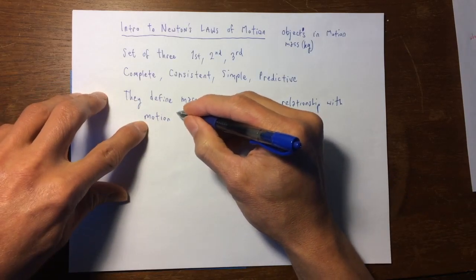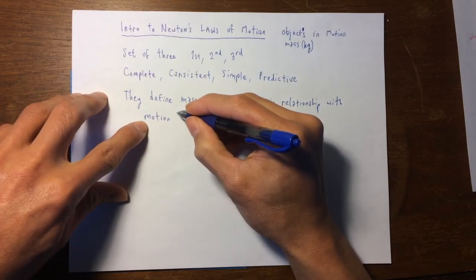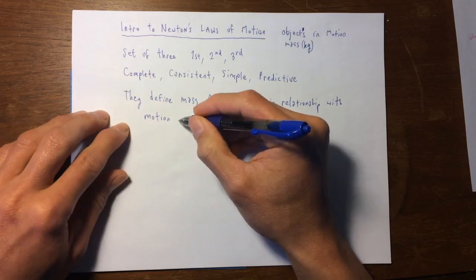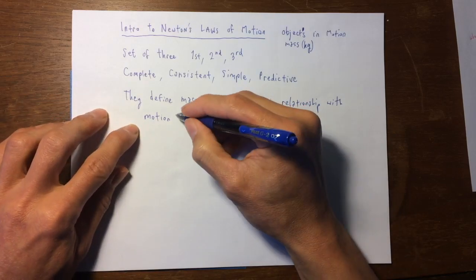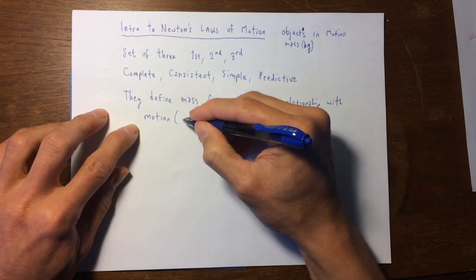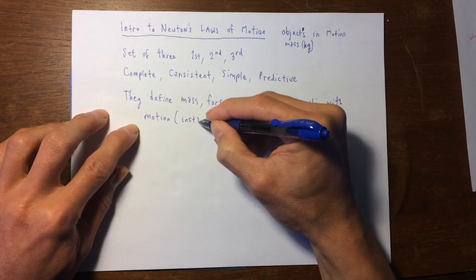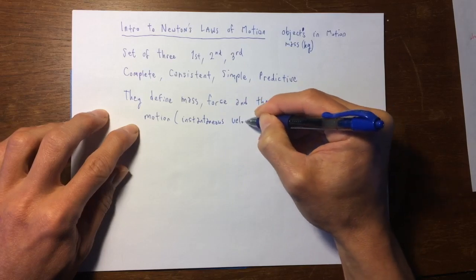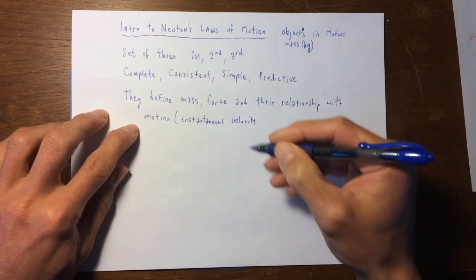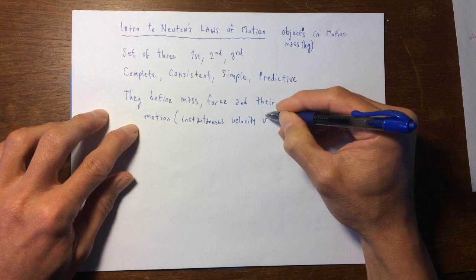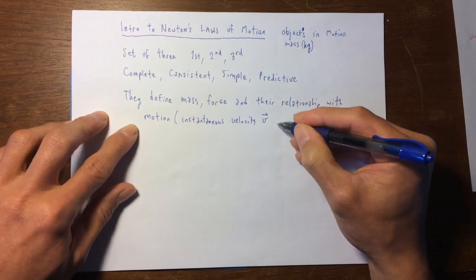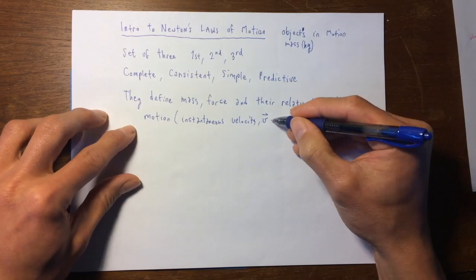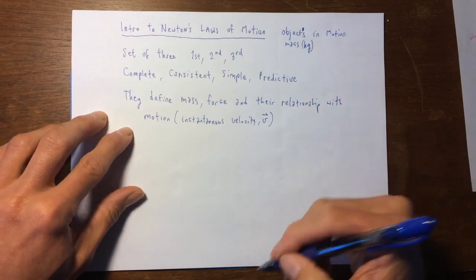I think it's important to point out here, and you've likely detected this in previous videos, that when I say motion, I really mean the instantaneous velocity. So the symbol I'll use is this lowercase v, and I put an arrow because instantaneous velocity is a vector, like this.